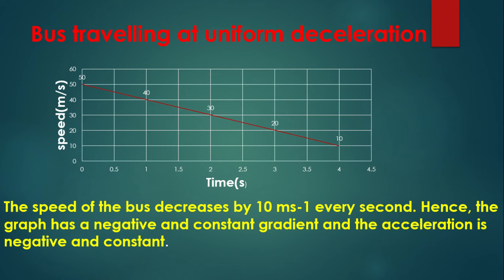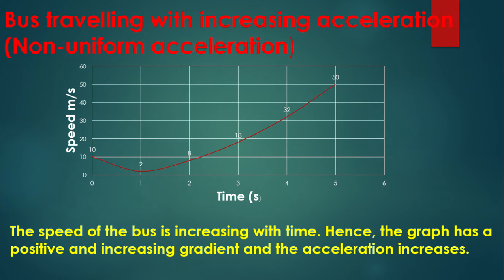The speed of the bus decreases by 10 meters second power minus 1 every second. Hence, the graph has a negative and a constant gradient and the acceleration is negative and constant.